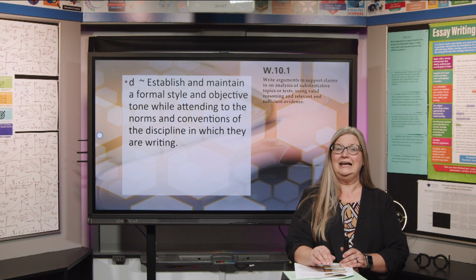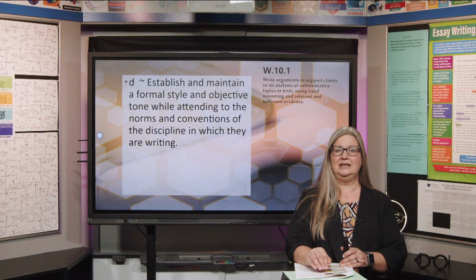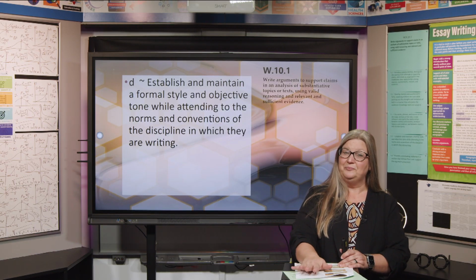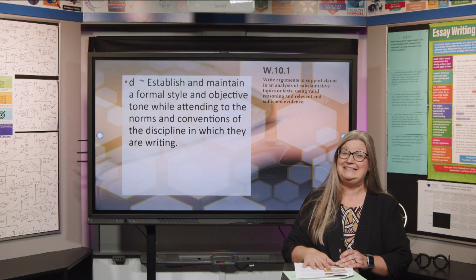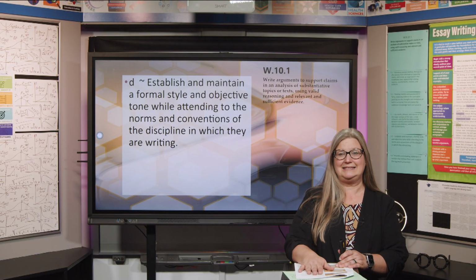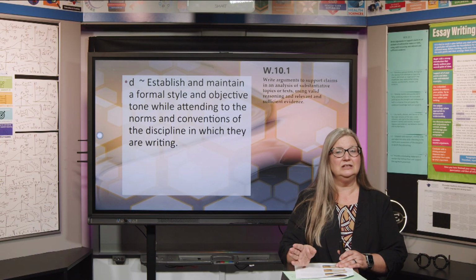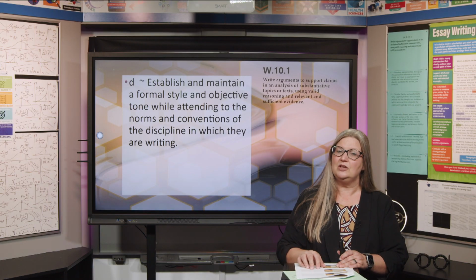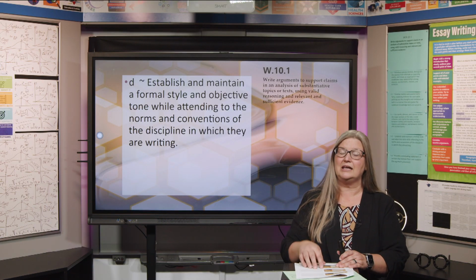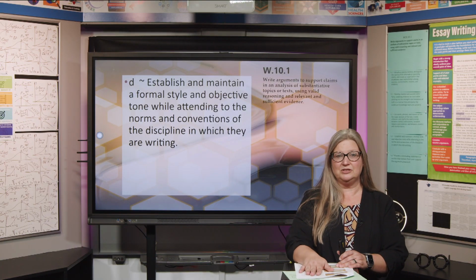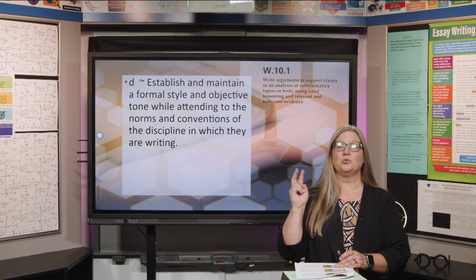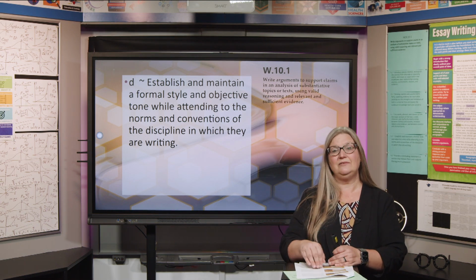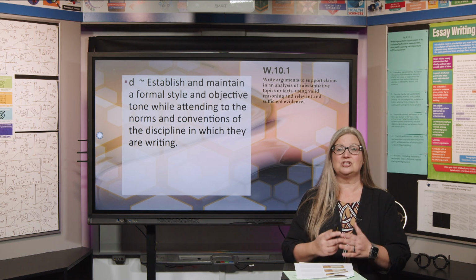Then it says, attend to the norms and conventions of the discipline in which you're writing. This is a scientific argument essay, so it may look a little bit different than that literary analysis that you've written. You're going to make sure that you use some of the vocabulary that you have learned through this unit. Norms is just a fancy word for rules. There are specific rules to the English language.